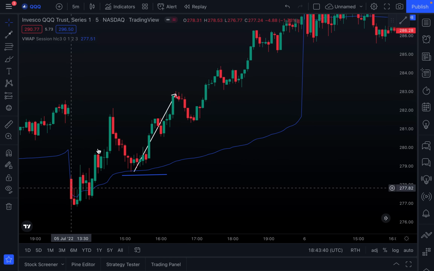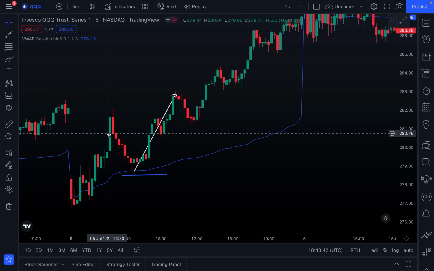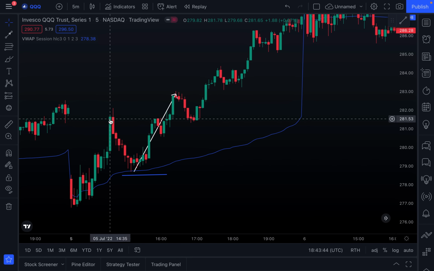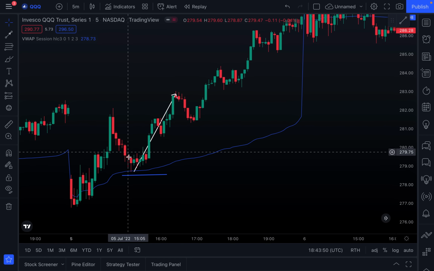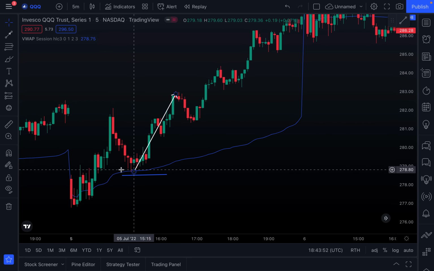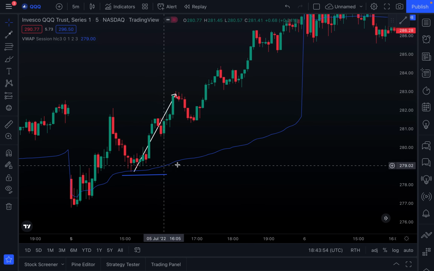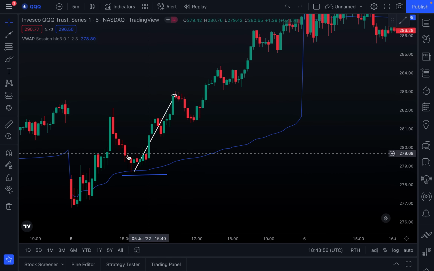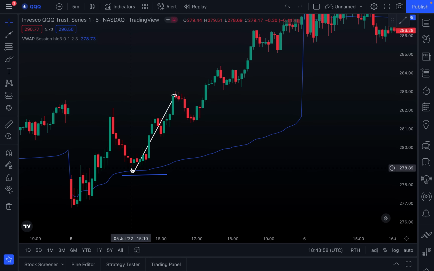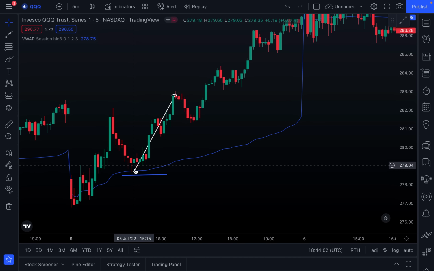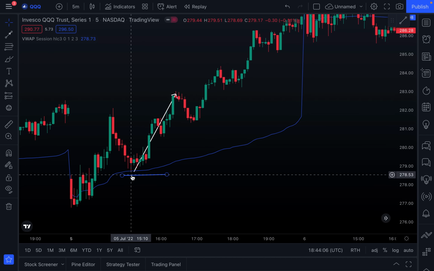Again, it helps you identify the trend. So here again, we knew, hey, this is looking like it's going in an uptrend. We're looking for a potential long opportunity. Where do we want to go long? Probably on the pullback. Where is it going to pull back to? Well, again, the VWAP generally acts as an area of support and resistance, so we think it's going to pull back here. Again, you want to confirm it with price action, candlestick patterns, and so if you would have seen that here, you would have gone ahead and entered here, setting your stop loss right below the VWAP in case it does break.